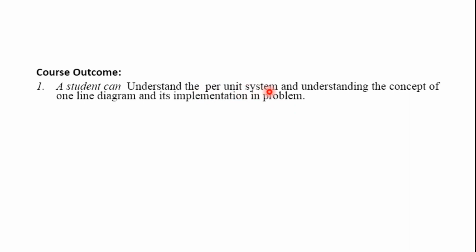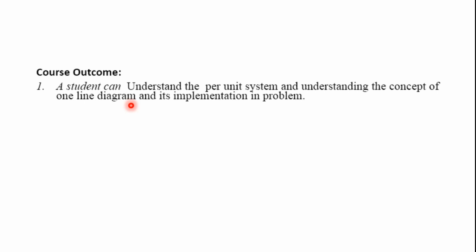So we are going to understand this in the first module. Using the values from this per unit system, we are going to draw a one line diagram and implement it, and based on this we are going to solve complex problems.